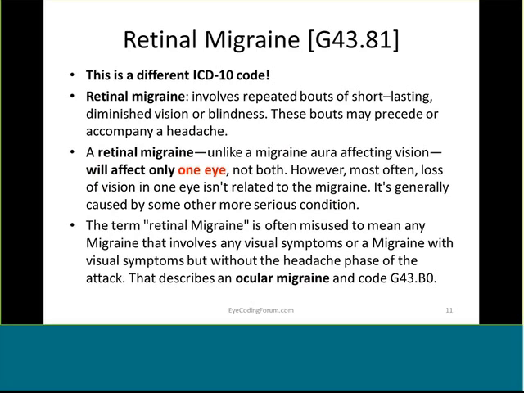However, most often, loss of vision in one eye isn't related to the migraine. It's generally caused by some other more serious condition. Now, the term migraine is often misused to mean any migraine that involves any visual symptoms, or a migraine with visual symptoms but without the headache phase of the attack. That describes an ocular migraine and the other code, G43.B0.